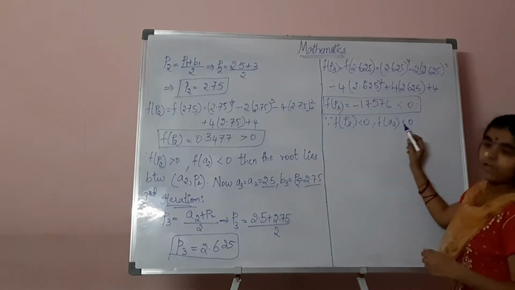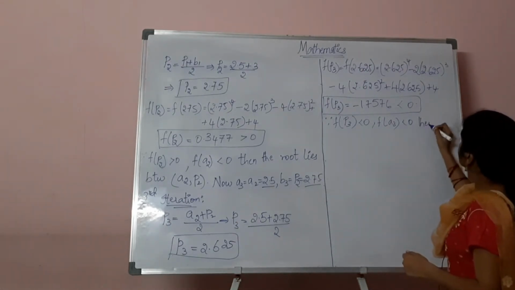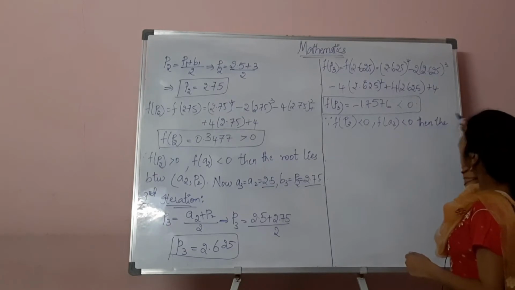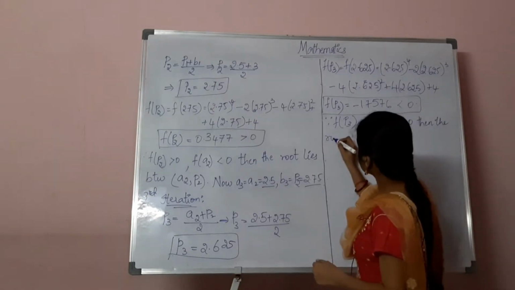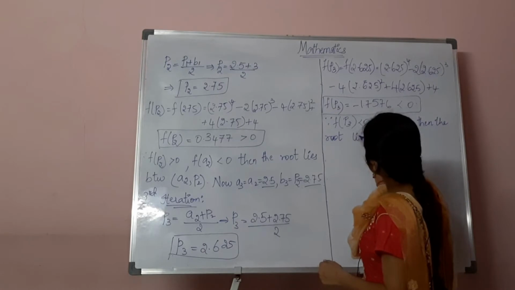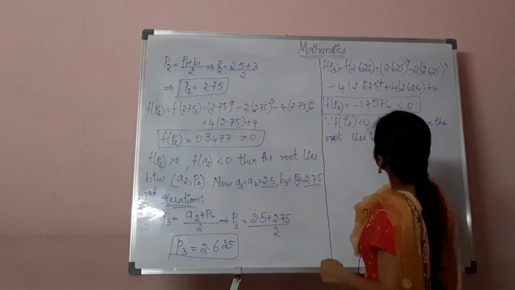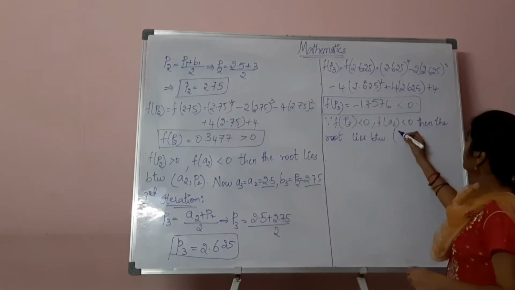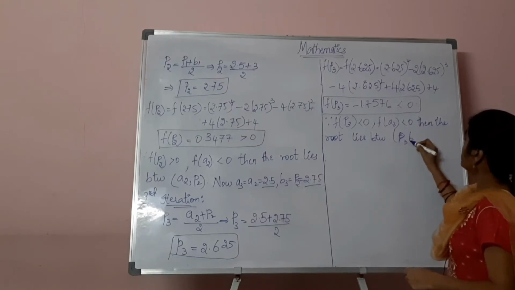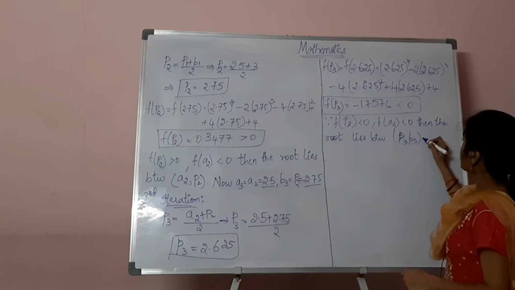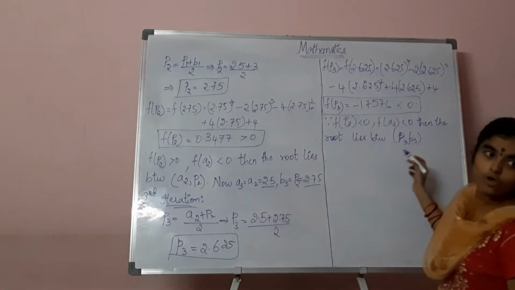So both are less than 0. Then the root lies between P3 comma B3. So the root lies between P3 comma B3.